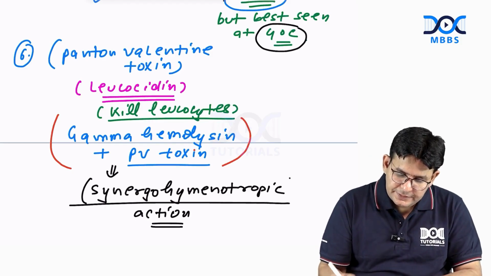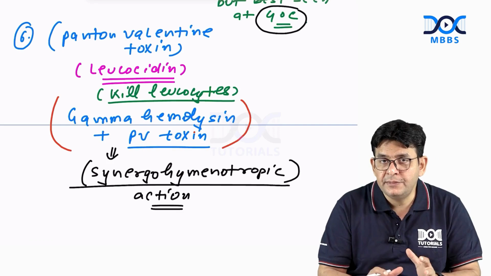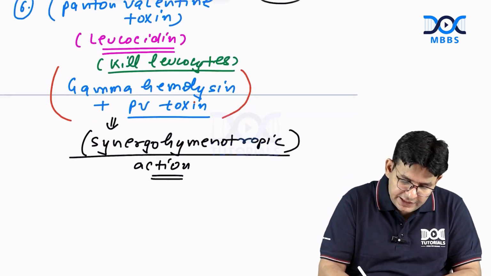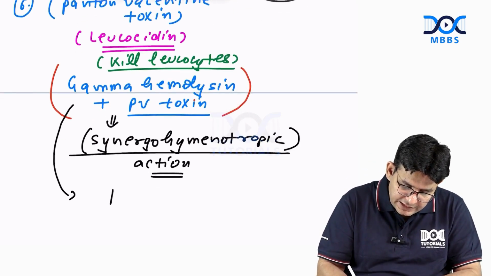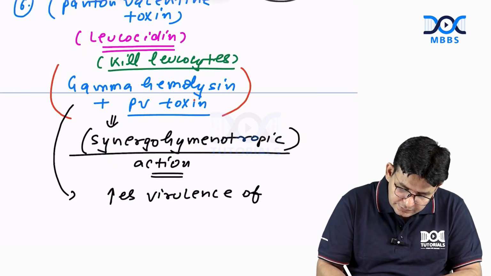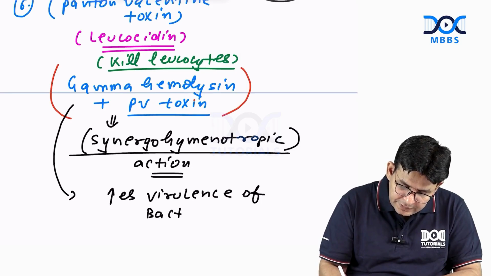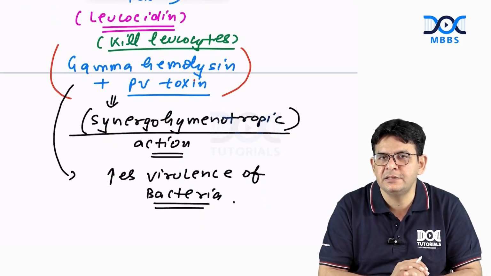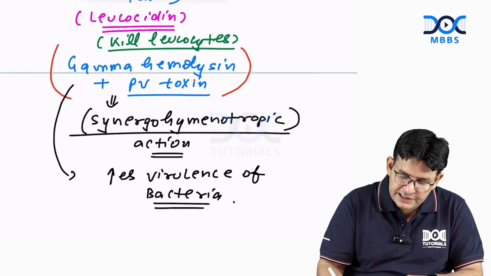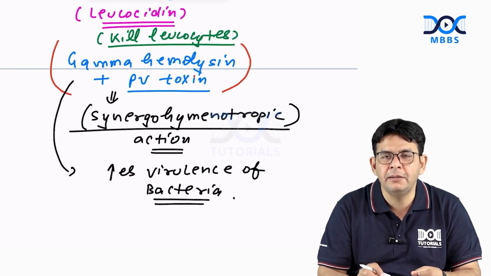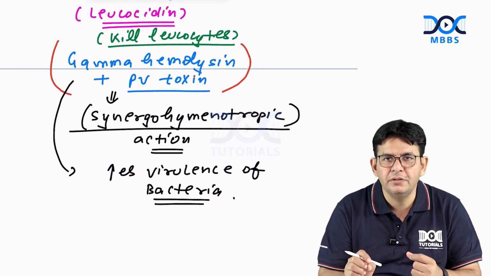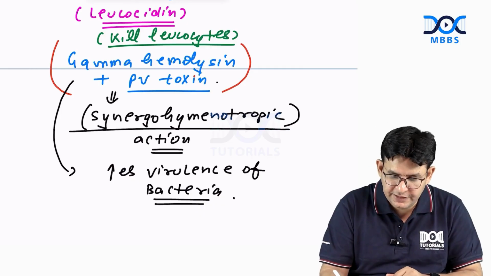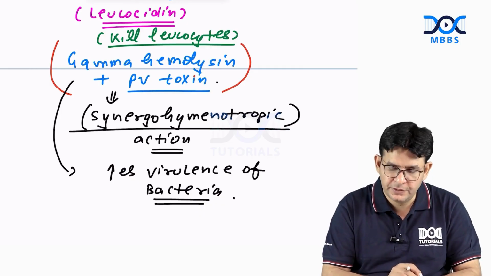That is a combination of them. In synergy, they increase the virulence of the bacteria, that is Staph aureus. Is it fine, guys? So this you need to know first of all.